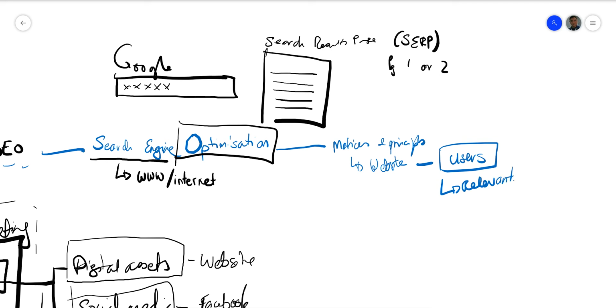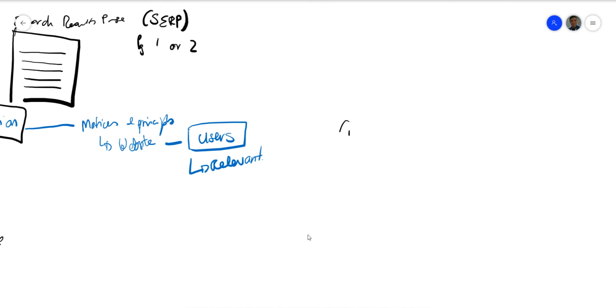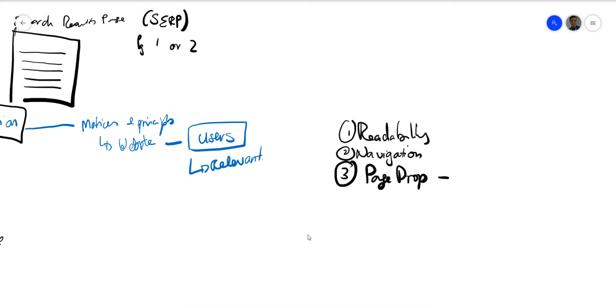Among the stuff that is being measured when talking about relevance is, of course, number 1, readability. Number 2, navigation or navigability. Number 3, we're looking at page drop, meaning how many people left your page within the first few seconds.